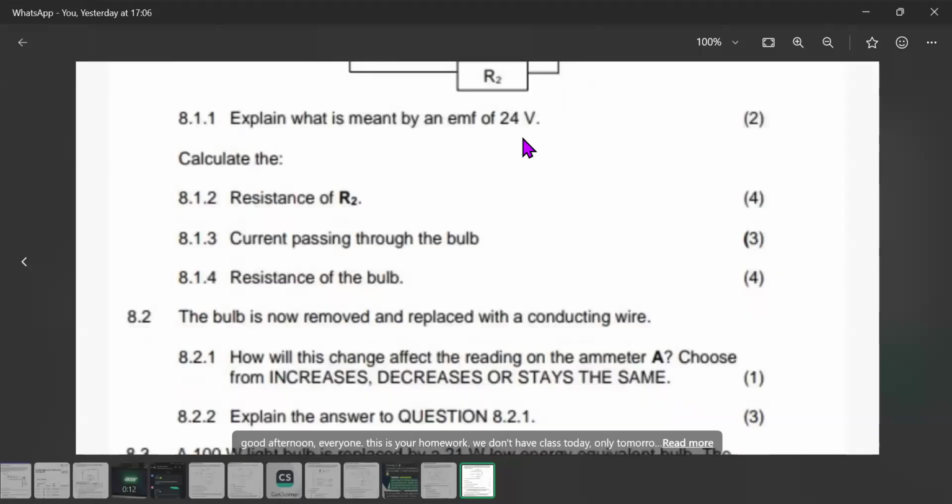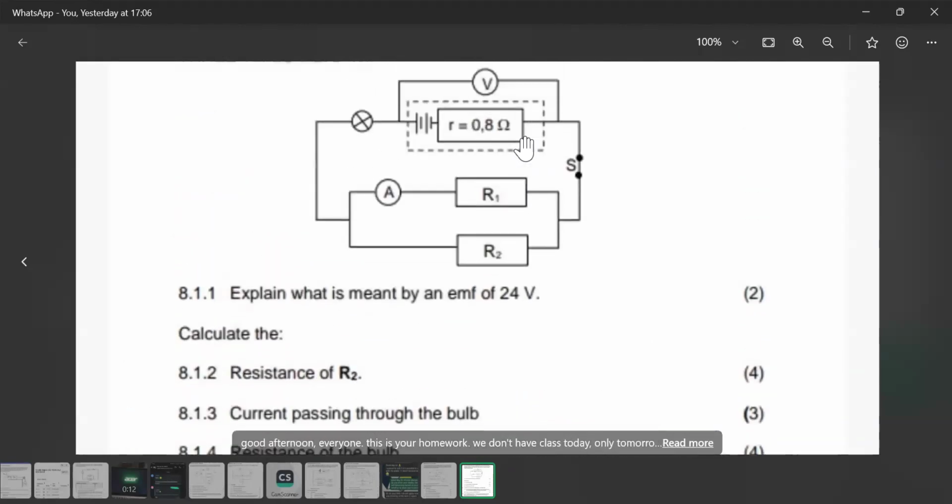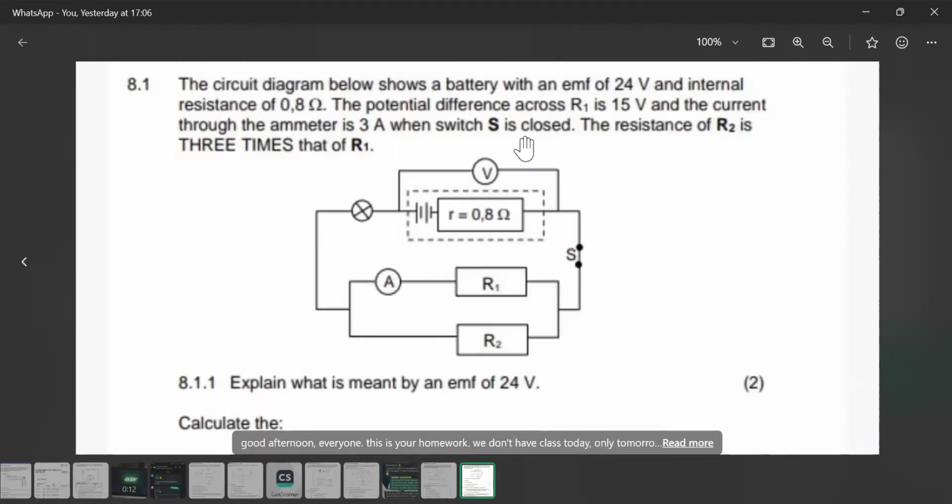So the next one says, calculate the resistance of the bulb. All right. Now, if we look at this bulb, we can see that it's connected in series. That's nice.